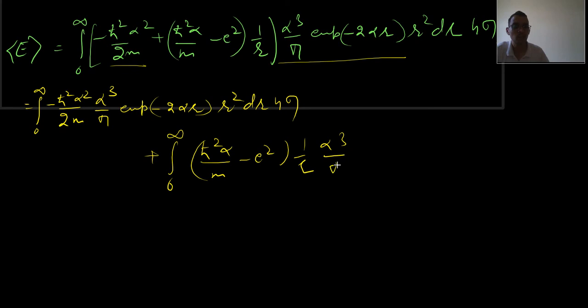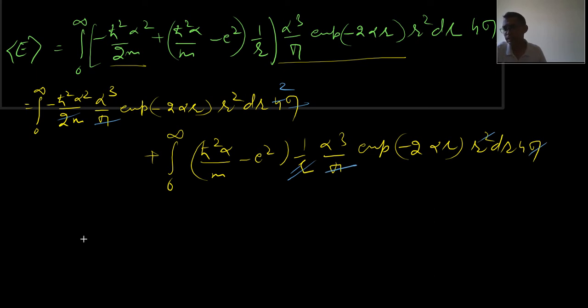It is α³ over π exponential of minus 2αr, and it is r² dr and 4π. Now this π will cancel out with this, and similarly this r will cancel out with this 1 by r, and this π will cancel out with this.